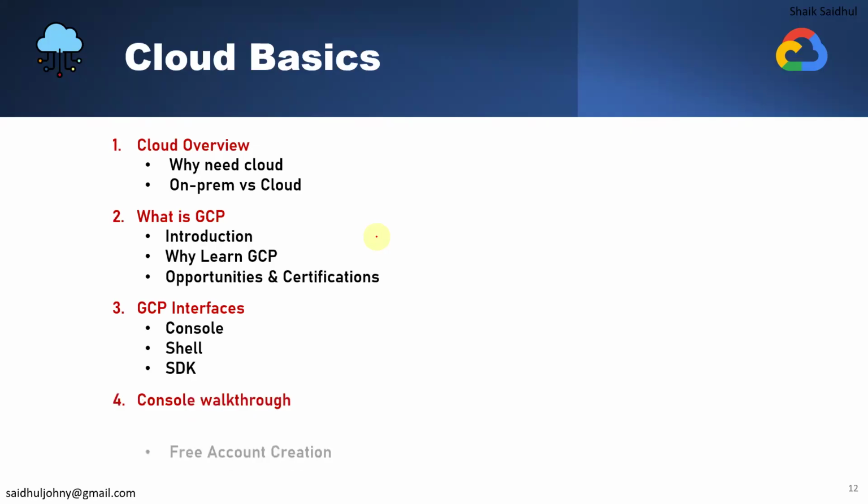Fourth topic, I'm going to tell you how to create a free tier account in GCP. Don't worry, we are going to learn everything in GCP only. Our practicals, lab sessions, projects, and case studies will all be implemented on GCP only, with a free tier account worth $300 for the next 90 days.